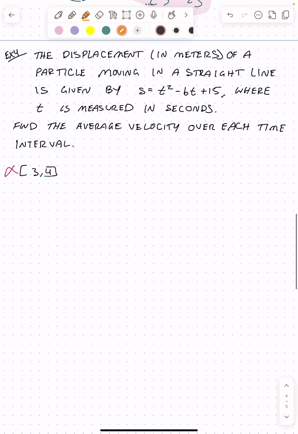So the first thing we have to do is let's identify these. So this is T1, and this is T2. And we need to basically just plug these numbers into our original function. So let's do that now. Let's plug this in.